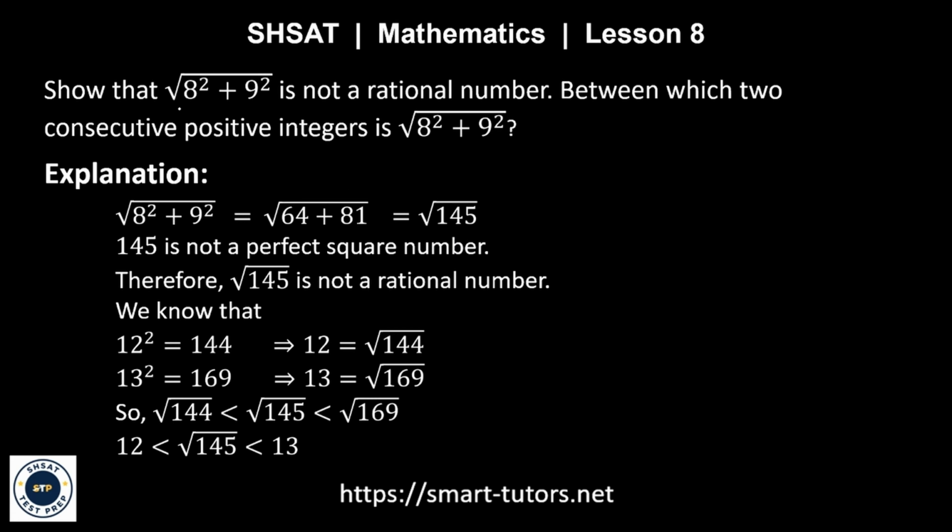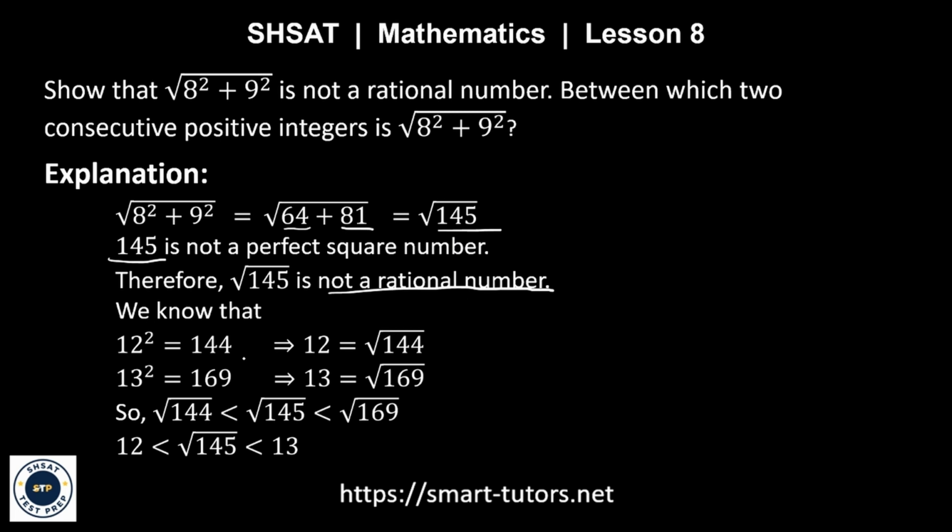So if you go over this expression, in order to simplify it, you want to play out these exponents. So 8 squared is 64, 9 squared is 81. If you add that, you get 145. And 145 is not a perfect square number, therefore it is not a rational number.